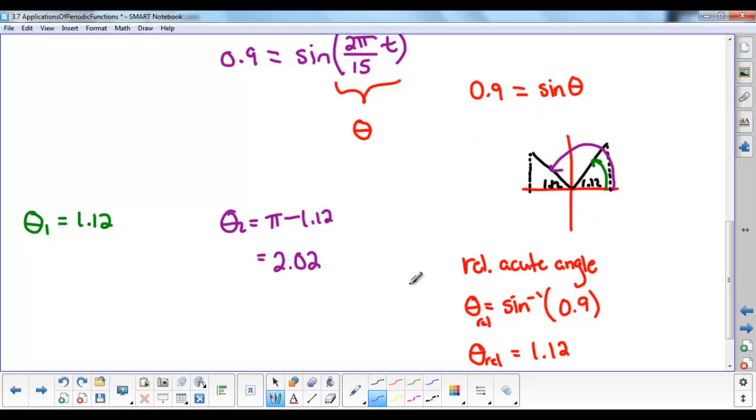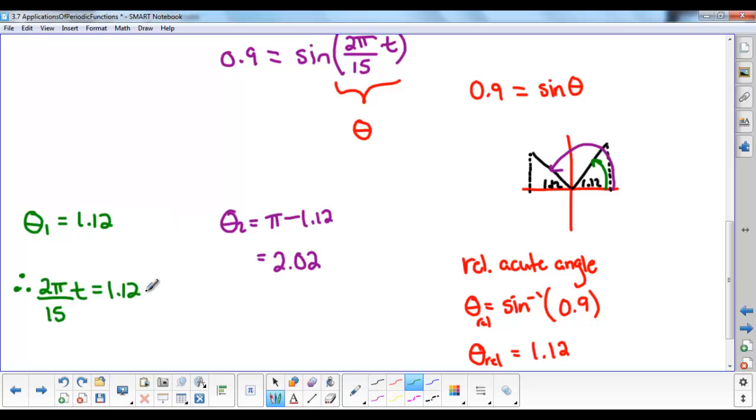We've determined that theta is either 1.12 or 2.02. So back to our original question up here. It says, sine of what angle will give me 0.9? Well, if our angle is 1.12, we would get a ratio of 0.9. If our angle was 2.02, we would also get a ratio of 0.9. So essentially, this angle must be equal to 1.12.